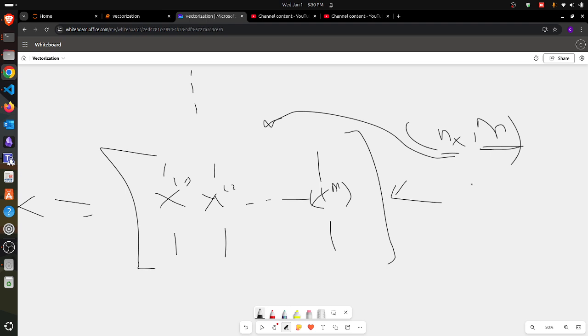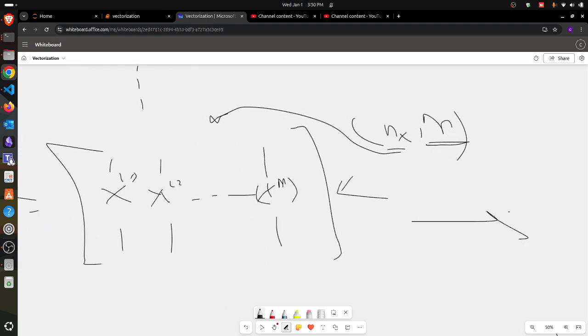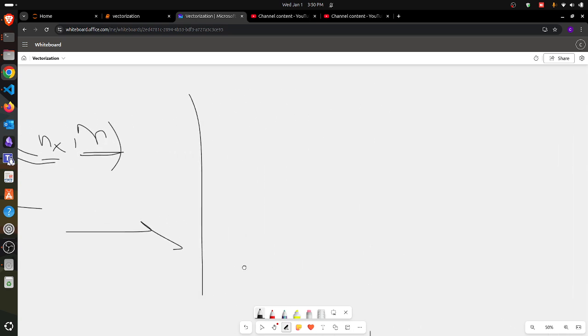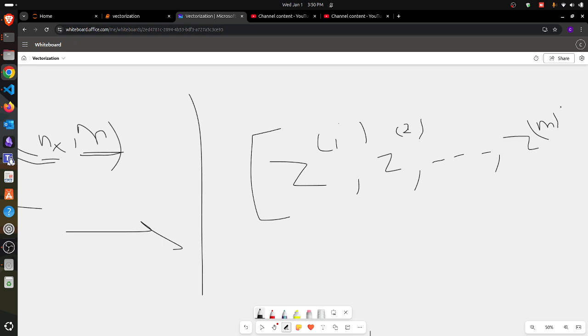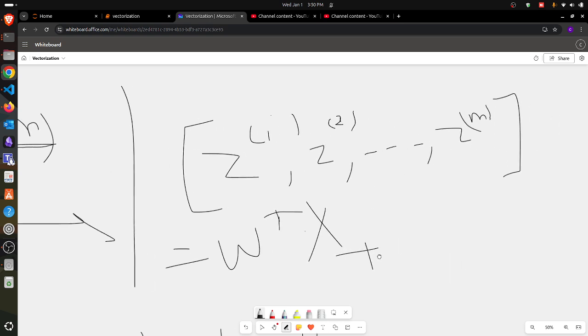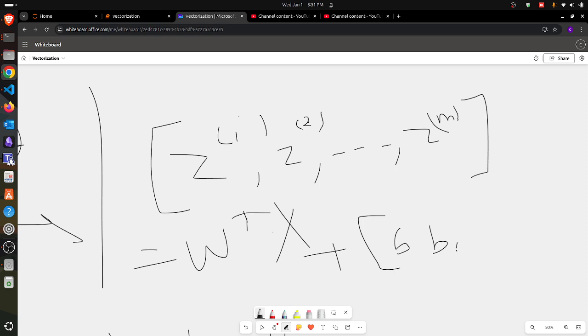So one line of code execution of this thing will look like this: z, which is z1, z2, up to zm, which will be equal to w transpose x plus all the b's, the values of b up to mb.